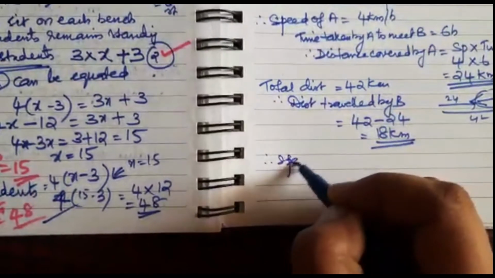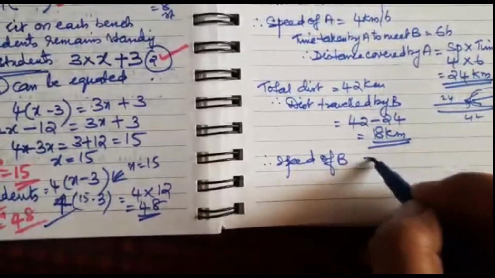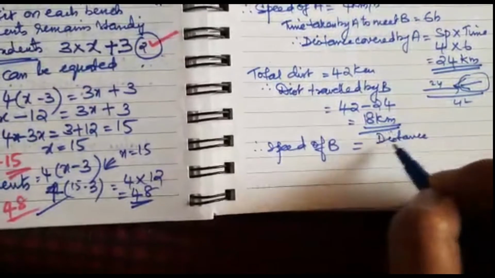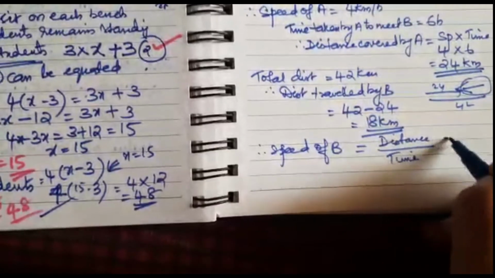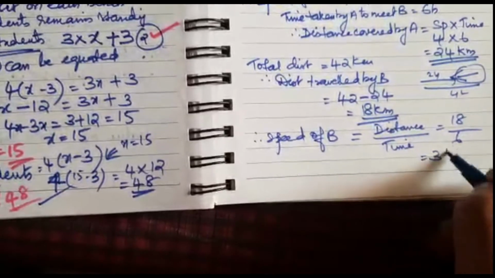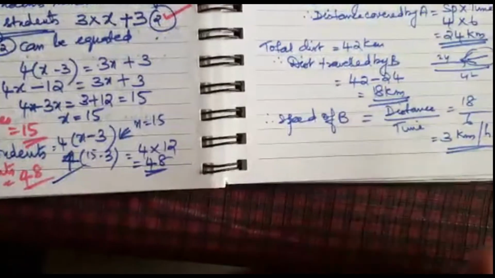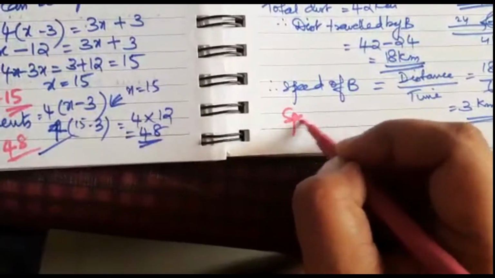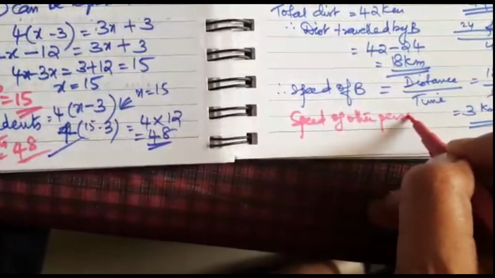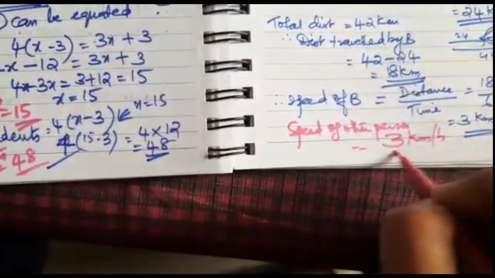Therefore speed of B is equal to distance upon time, isn't it? Distance is 18, 18 upon time, which is 6. So it is 3 km per hour. Therefore the speed of the other person equals 3 km per hour.